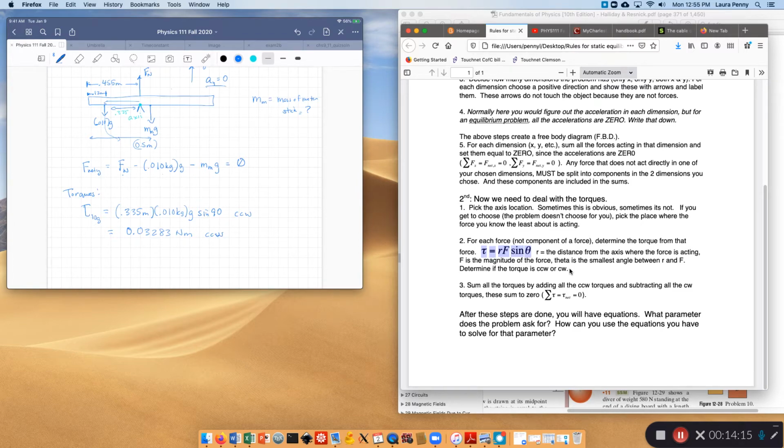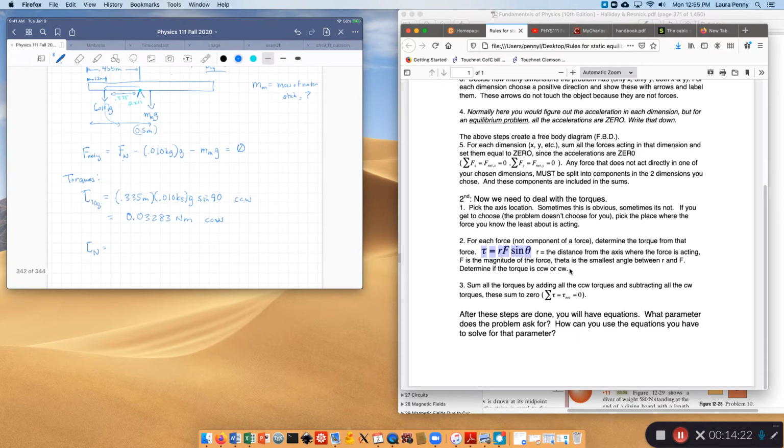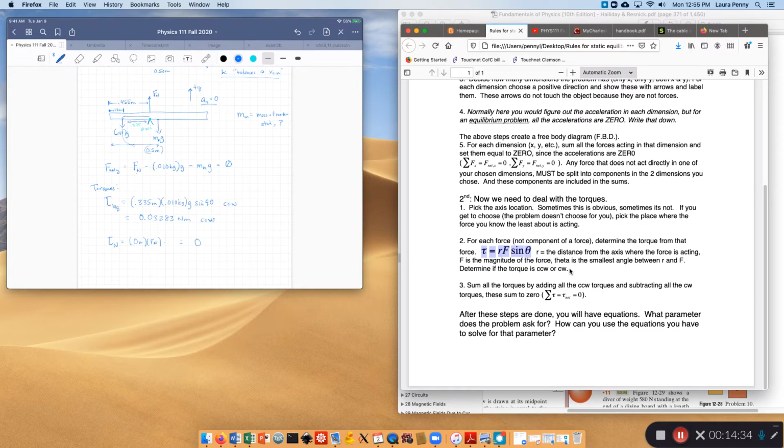All right, let me move to the next force. This is the torque from the normal force. This happens at a distance of 0 meters from the axis, and so it's a 0 torque. At the actual pivot point, the distance from the pivot point to the force is 0, so there's a 0 torque. And the last force is from the mass of the meter stick.